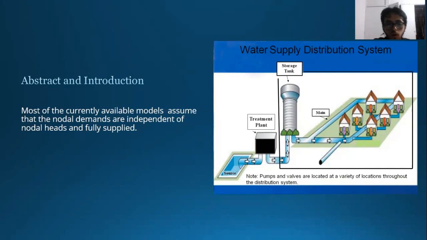In the introduction, they keep talking about the WDN, the water distribution network, and a method that leads to a more accurate and more precise analysis. We know that the current WDN model assumes that the nodal demands are fully supplied and independent between each node.